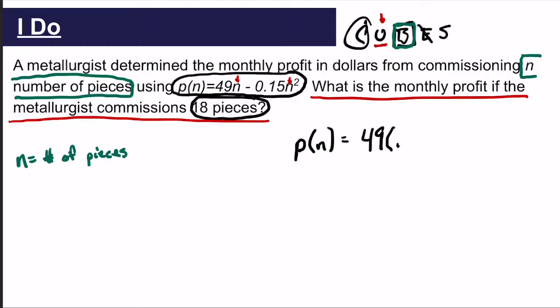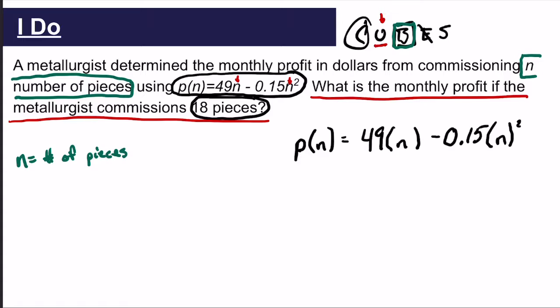Now I'm going to write the n in here, but you're going to see me erase it in a second because I'm going to get the corresponding value for it, the number that we're going to sub, because we already know that number. So there's my function. Let's go back over here. We already know n is the number of pieces.